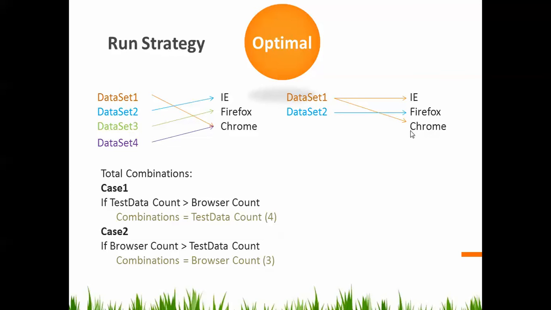As part of cross browser testing we need to cover 3 browsers, but we have only 2 test data. So one test data will work with IE, the second will work with Firefox, and any one of these test data will be given to the Chrome driver, so that we can achieve optimal execution. I will demonstrate it in front of you quickly.